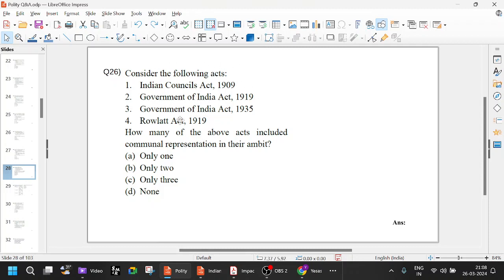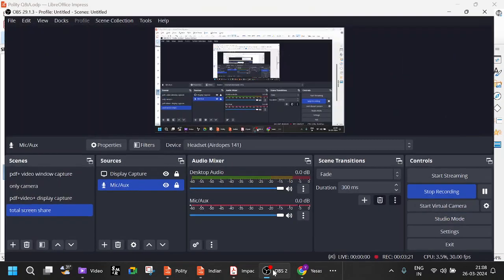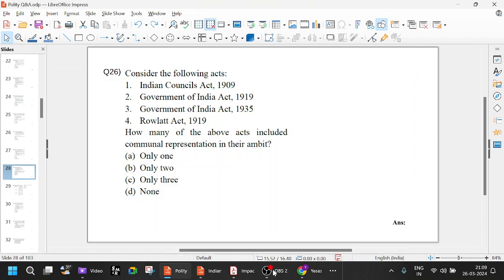And Rowlatt Act 1919. The Rowlatt Act 1919 is not exactly related to the communal electorate. It is more about provisions like you can arrest a suspect without trial. By this time, with the non-cooperation movements and several movements, the independence movement was coming to a certain stage.